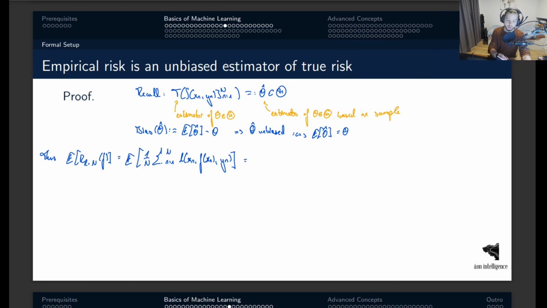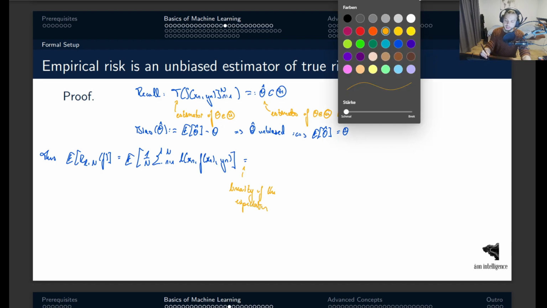And then we recall that the expectation is a linear operator. So, linearity of the expectation. And this gives us the possibility to push out the factor 1 over n as well as the sigma.